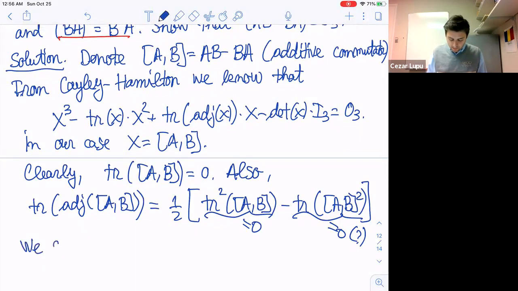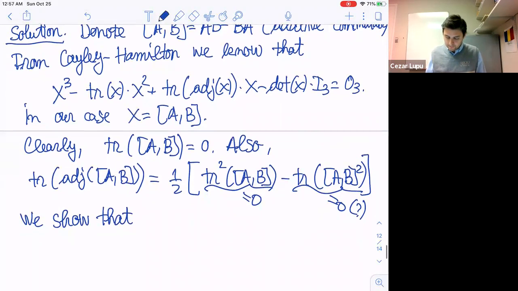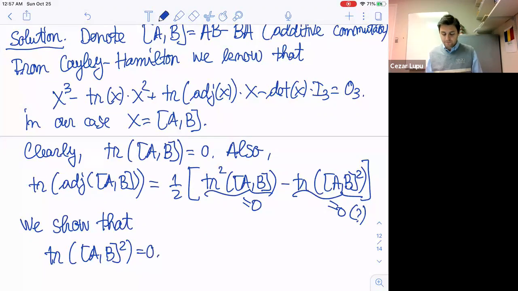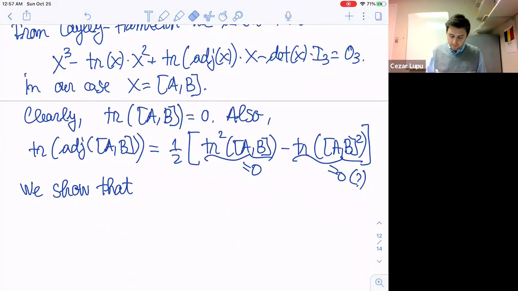So we show that the trace of the bracket squared is 0. But in fact, let me write it here above.